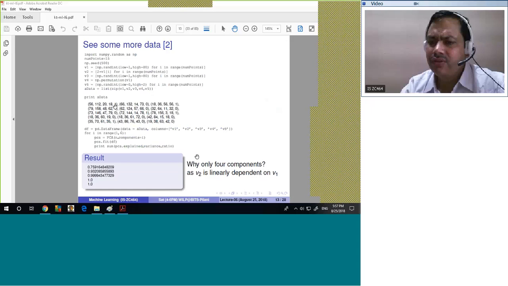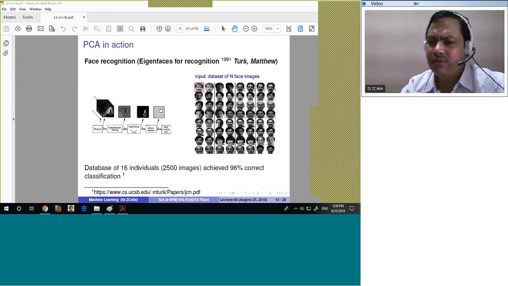In this data, one of the columns was linearly dependent on the others, and therefore the PCA has shown that if you only use 4 components, you would be getting 100% of the variance. It shows that if you apply the PCA, then very easily you can see that these components are useless, and we can reduce the dimensionality by this much factor. Okay.